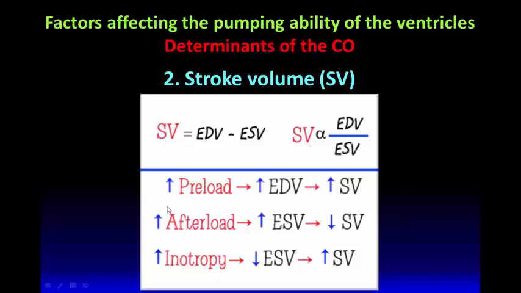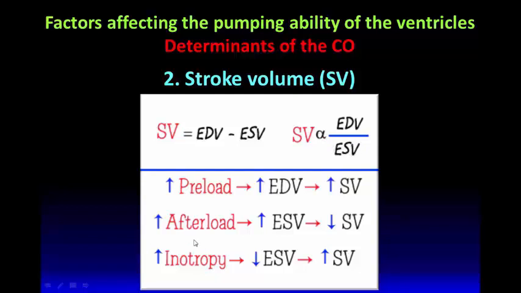So as the end systolic volume increases, stroke volume decreases. An increase in the preload increases the end diastolic volume, hence increases the stroke volume, while an increase in the afterload increases the end systolic volume. Hence, stroke volume is decreased because stroke volume is inversely proportional to the end systolic volume.